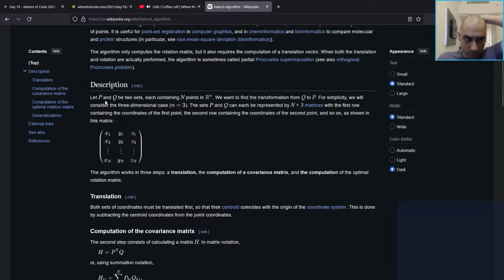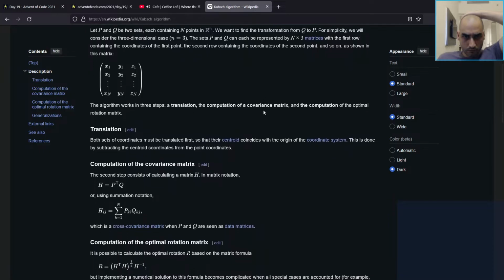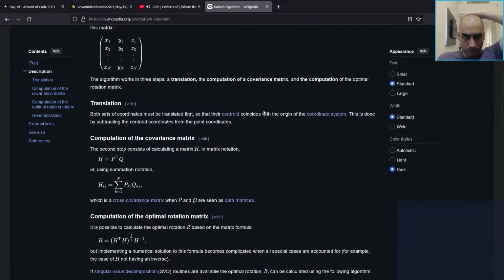Oh, I see. P and Q, two sets containing n points, to find the transformation from Q to P. Both sets of coordinates must be translated first, so that their centroid coincides with the origin of the coordinate system.